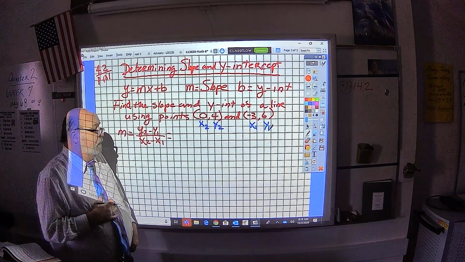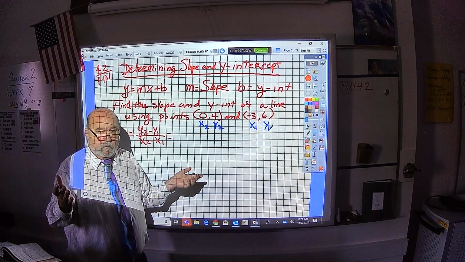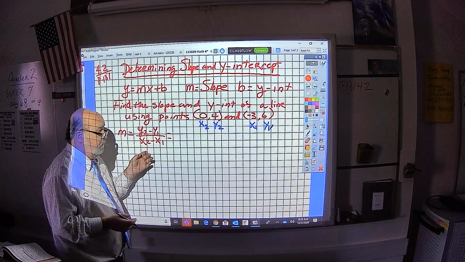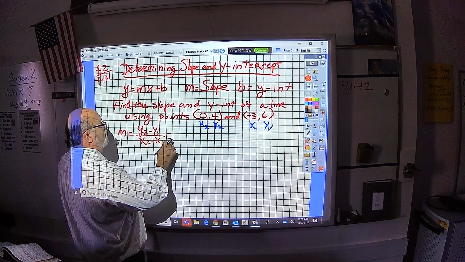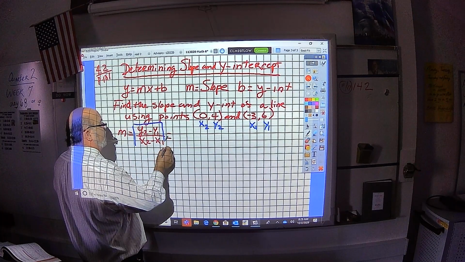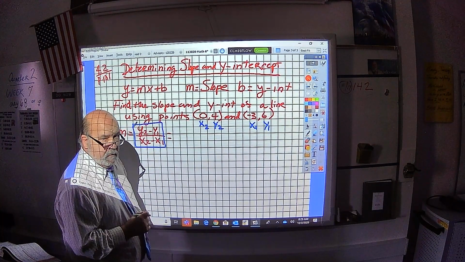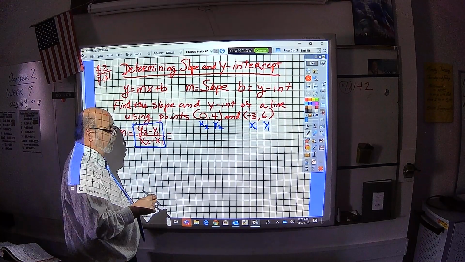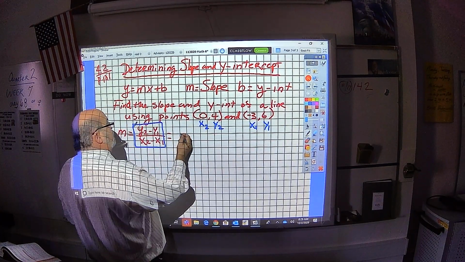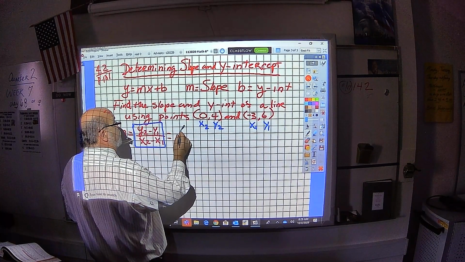I hope so. Now, of course, you could graph this and figure out the slope with rise over run, but we want to be able to do this mathematically. To do this mathematically, this is our formula right here. This is how we can do this without ever touching a graph to find the slope. So now we have y2 is 4.